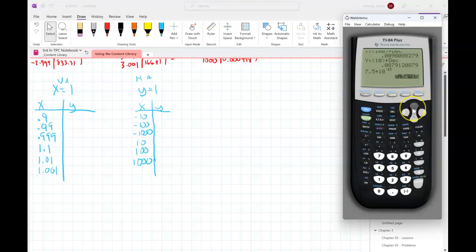And I'm going to actually start with the horizontal asymptote first here, just because I have it already kind of halfway set up to be doing it on my calculator. I don't have to do a whole lot. So I'm going to start that at negative 1,000.